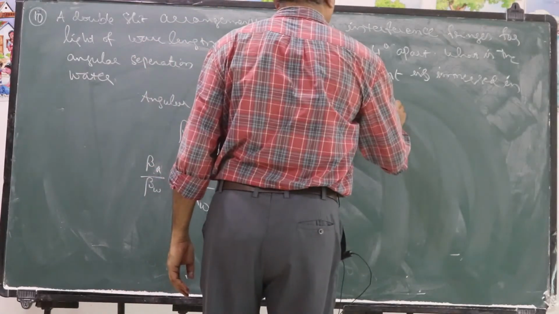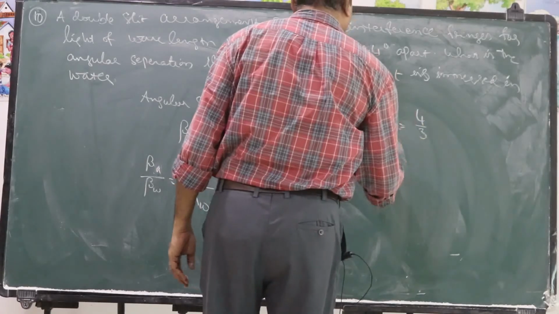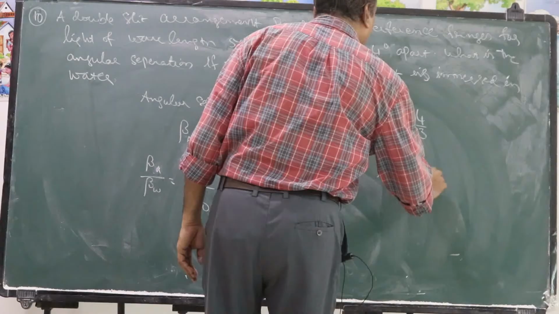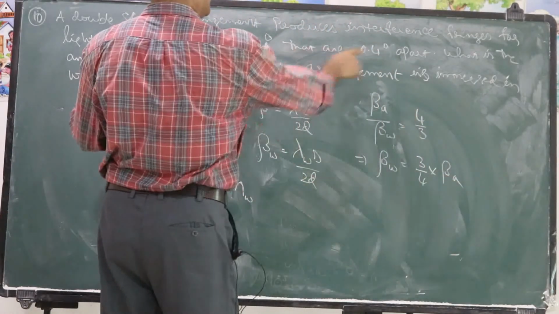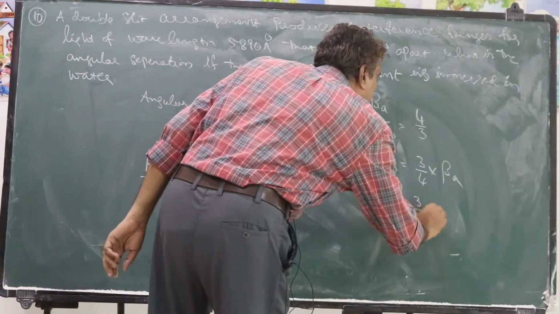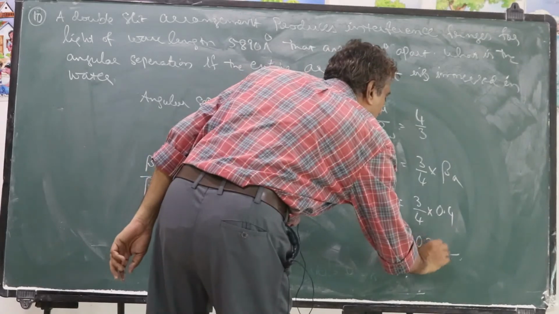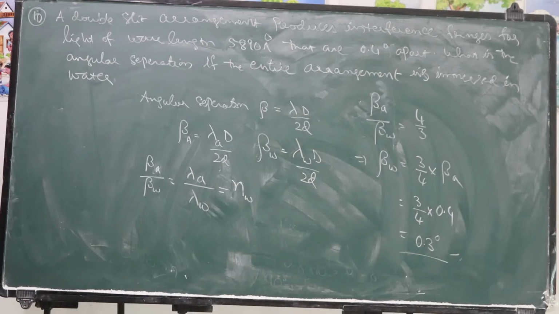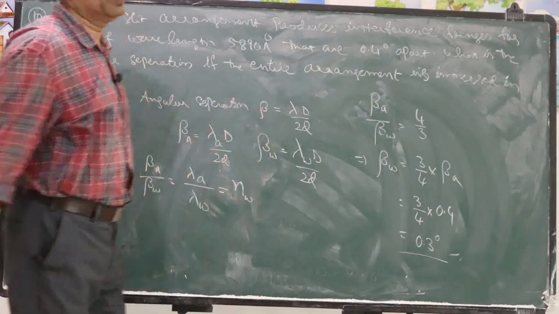So beta in air by beta in water is equal to 4 by 3, which implies beta in water is equal to 3 by 4 into beta in air. Given that beta in air is 0.4 degree, that is 3 by 4 into 0.4 degree, that is 0.3 degree. Now when the arrangement is kept immersed in water, width of the fringes decreases.